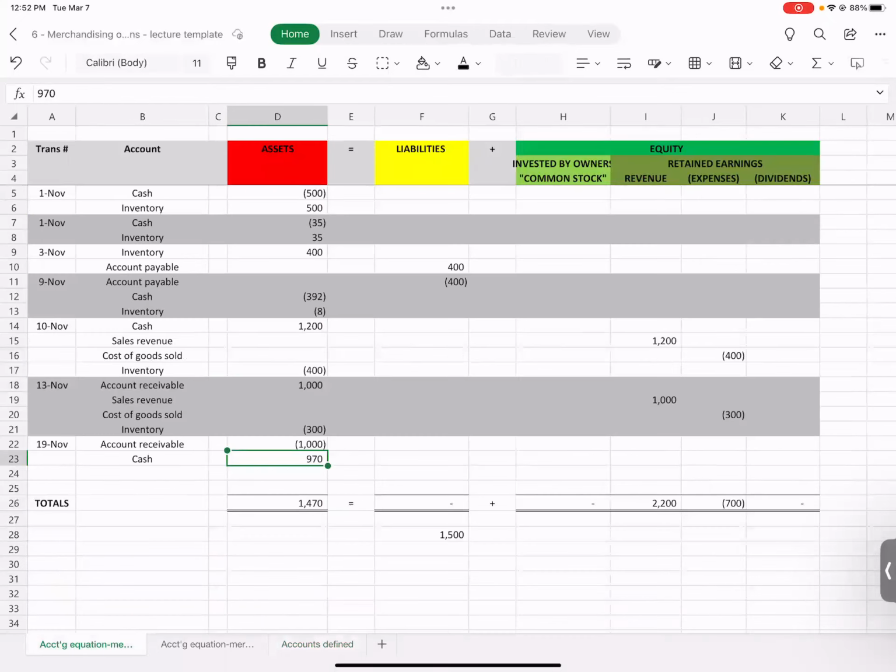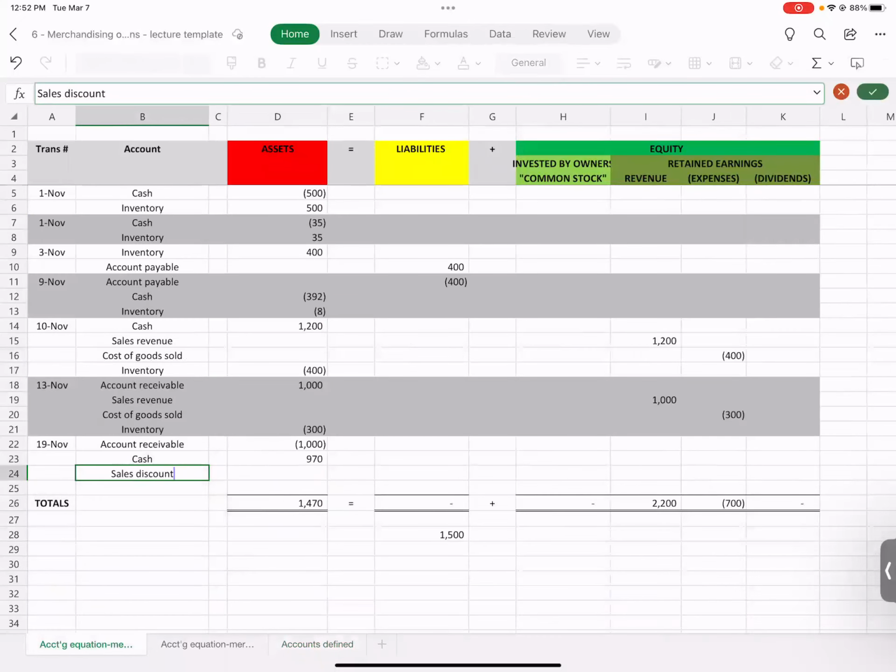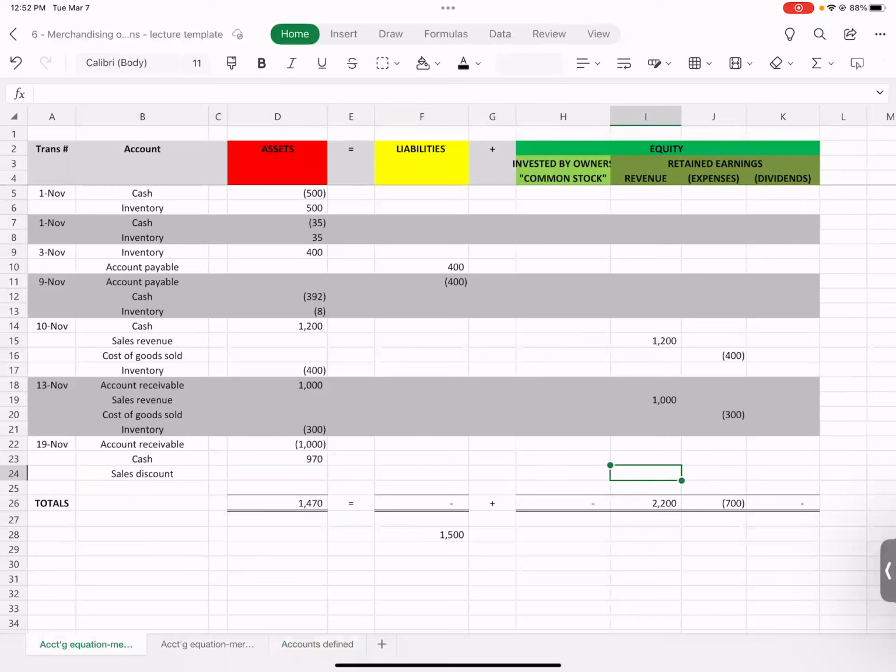So in our accounting equation template, sales discount is going to fall under our revenue column, but it's going to be negative, right? We want to show that, yes, they earned $1,000 of revenue, but we also gave the customer a $30 discount. So $1,000 of sales revenue minus the discount of $30 leaves us with $970 of net revenues.